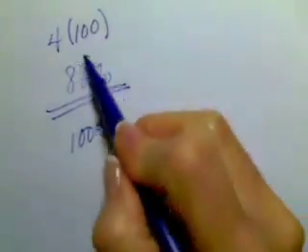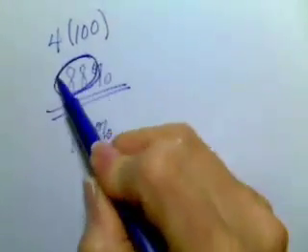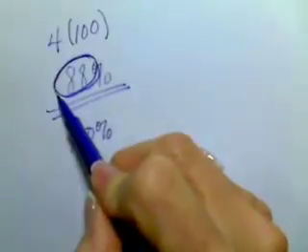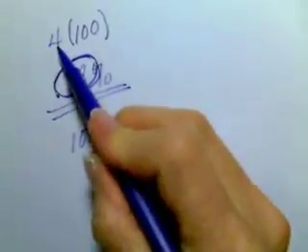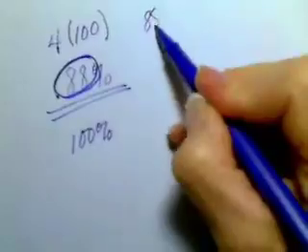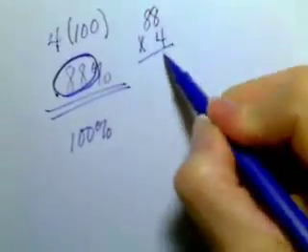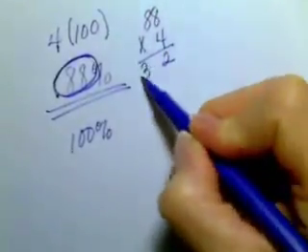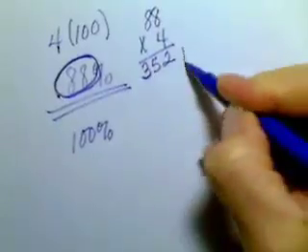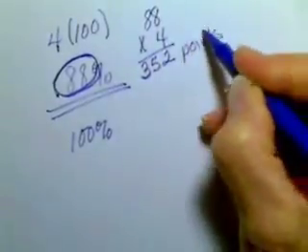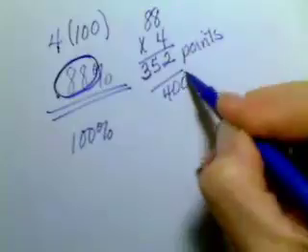So if I know the average to be 88 on 4 tests, that means that the person would have 352 points out of 400.